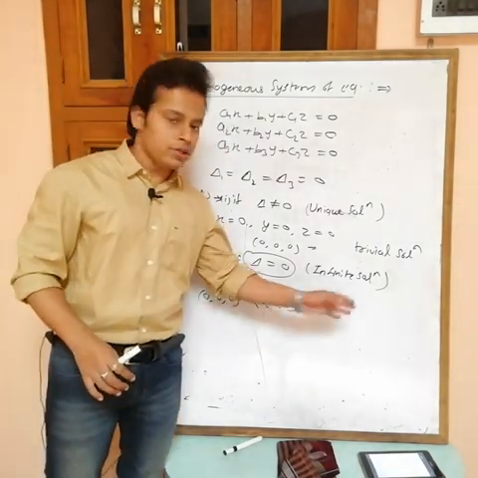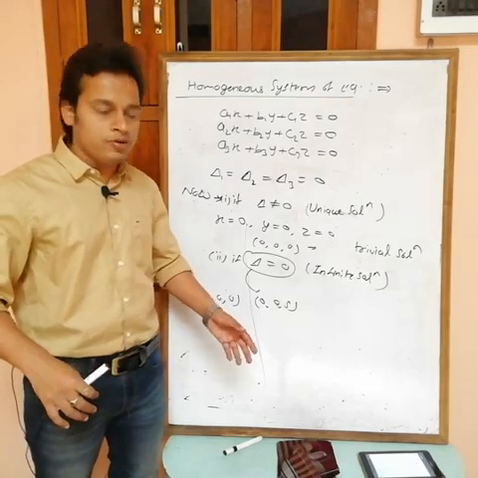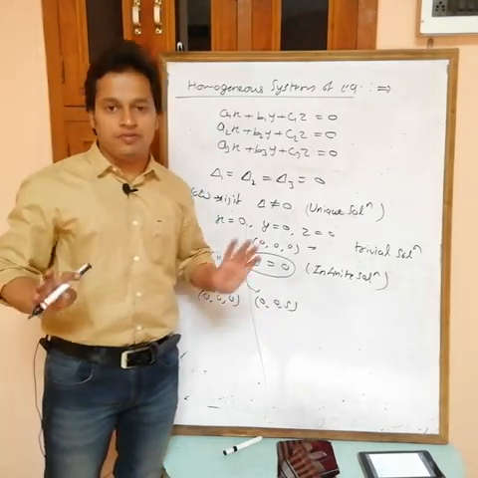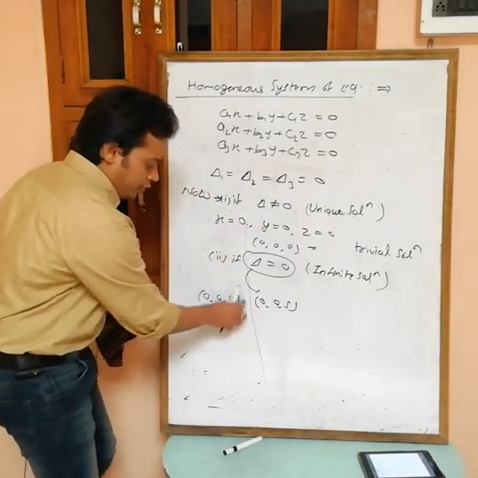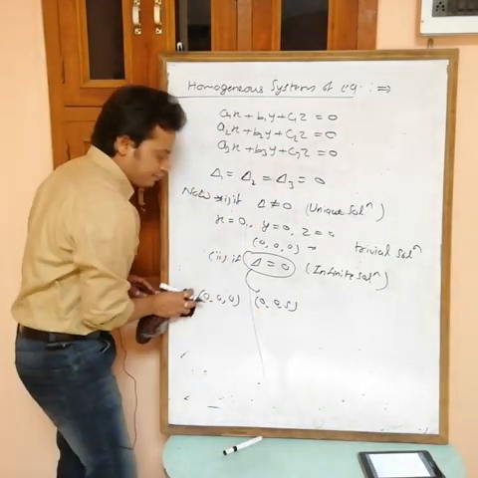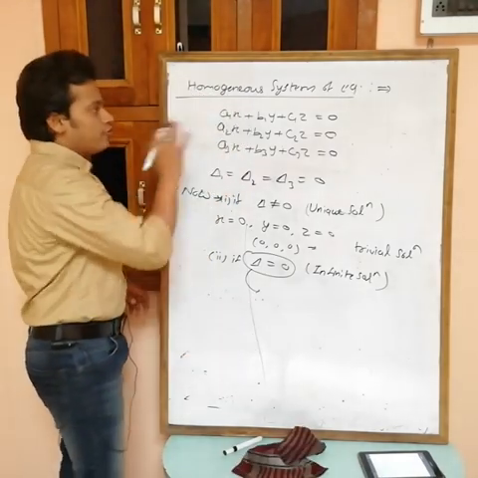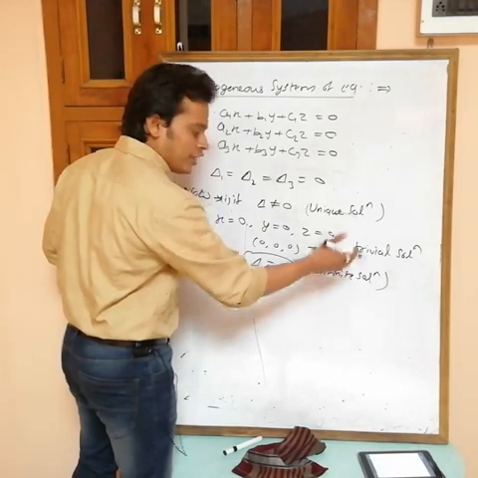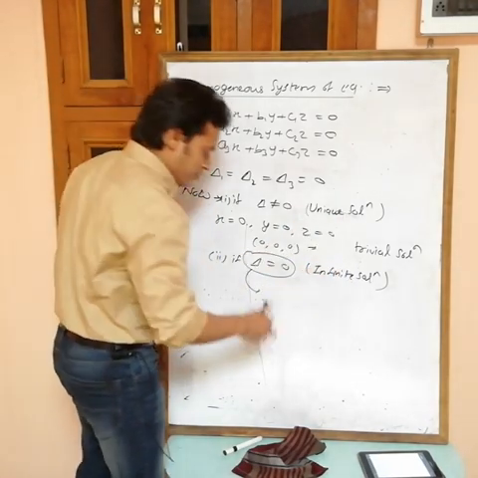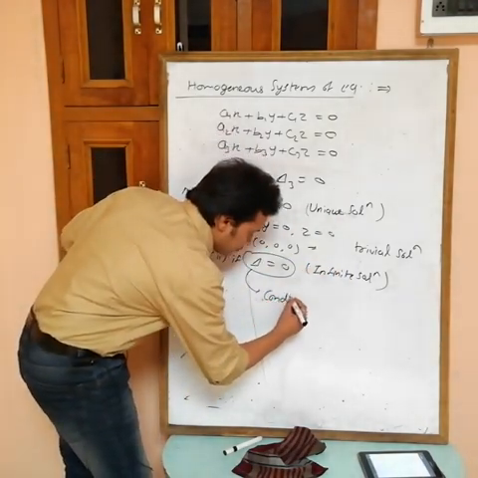But in all other solutions we can't take 0, 0, 0. It means we also have a non-trivial solution. Only this one is the trivial solution. So in case of a homogeneous system of equations, this is the condition of infinite solutions or non-trivial solutions.